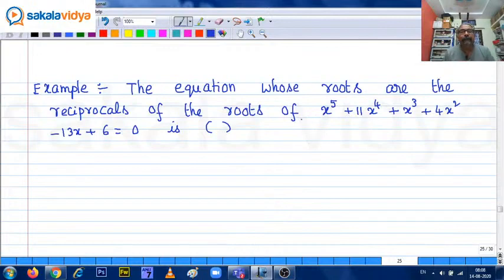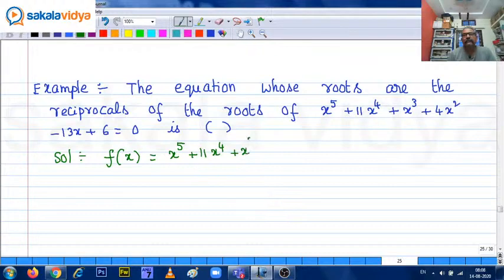So here let us find out now. Okay, now solution. F of x equals x to the power of 5 plus 11x to the power of 4 plus x cube plus 4x square minus 13x plus 6 equals 0.